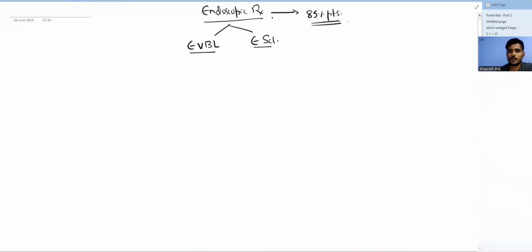But sclerotherapy is given into the varix and around the varix, and it causes fibrosis. There are reports that sclerotherapy can increase the portal hypertension and it can rebleed again. So that is why sclerotherapy is not the first choice.